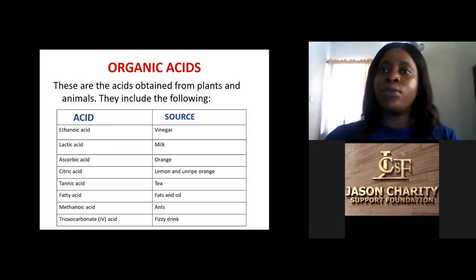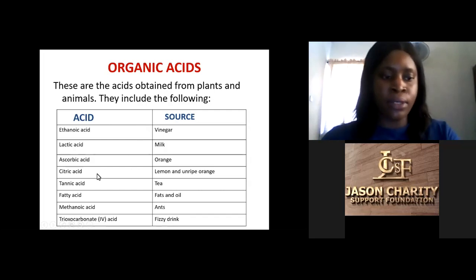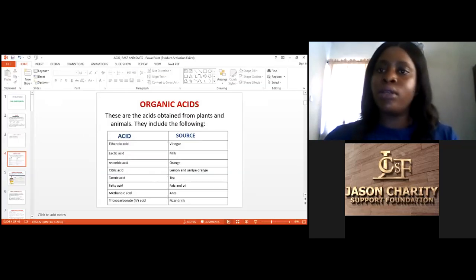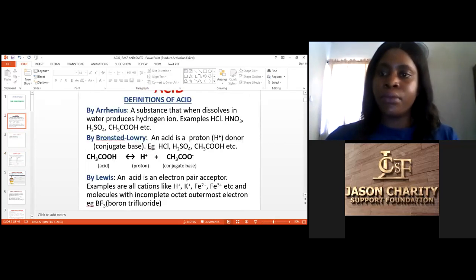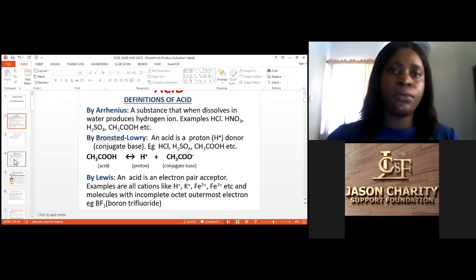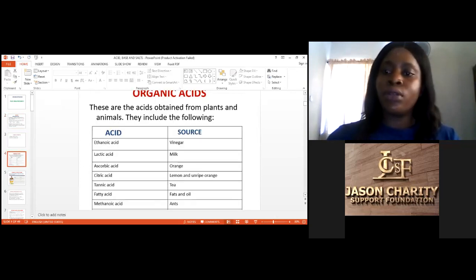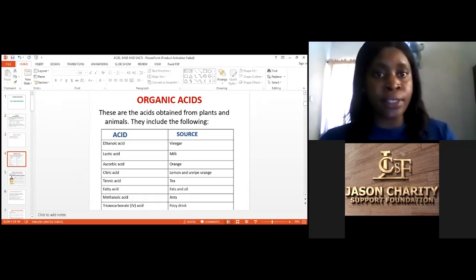Okay, so here I have a table of the organic acids. Now for the organic acids, they are acids that are obtained from plants and animals.